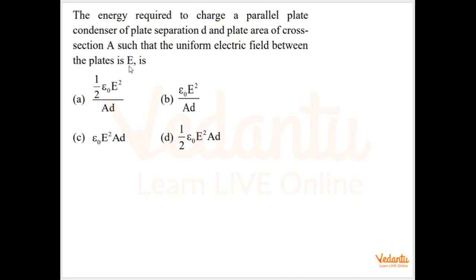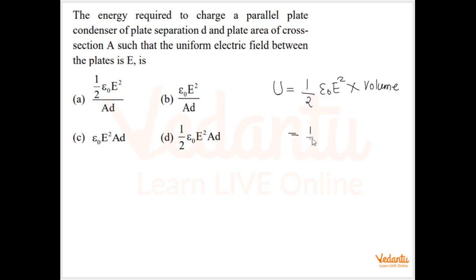In this question, you have to find out the energy stored in the capacitor in terms of electric field. What you have to remember is that energy stored in a capacitor is half into epsilon naught into E square multiplied by the volume of the capacitor.